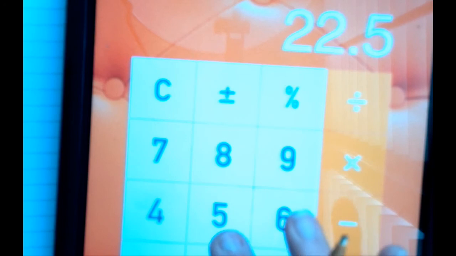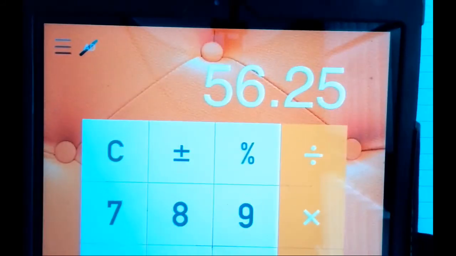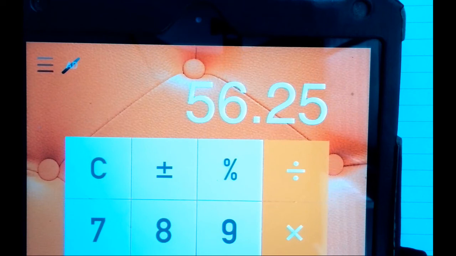So if you do 22.5 times 5 equals, and then divided by 2, you get 56.25. And I'm just going to go ahead and record that on my paper. That would be the area of the first trapezoid.